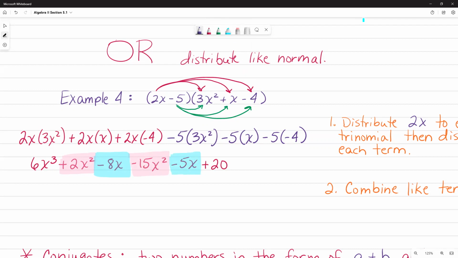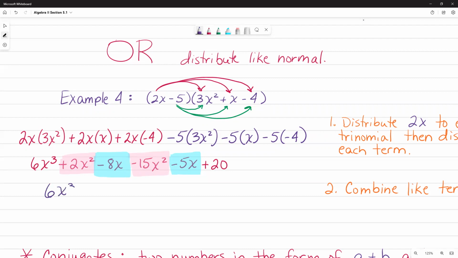Okay, so the 6x cubed, and you'll notice again, just like when we did the vertical method, our highest exponent and our lowest, our constant, don't have any like terms. We didn't have to add anything together. Remember when we did vertical, we just brought them on down. So it's kind of the same sort of thing. So those just come on down.